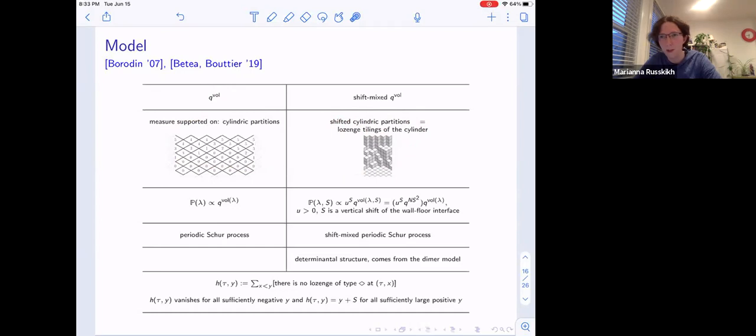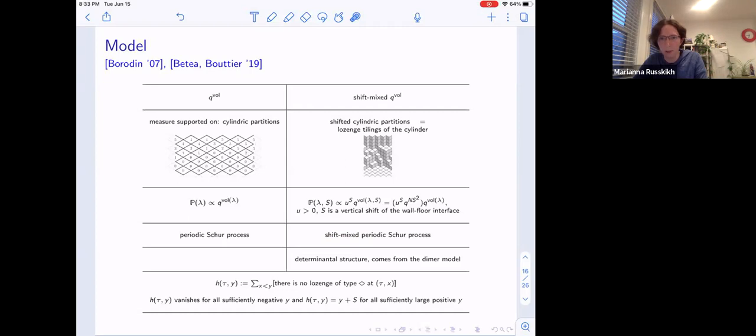And the q to the volume measure, which we had just here, is only a measure on the restricted set of cylindric partitions, or in other words, when the shift is fixed to be 0. So a very natural notion of a measure on the full set was introduced by Alexei, called the shift mixed q to the volume measure.